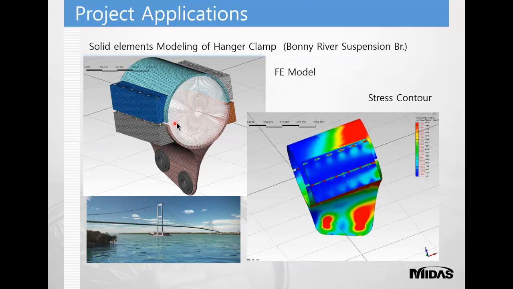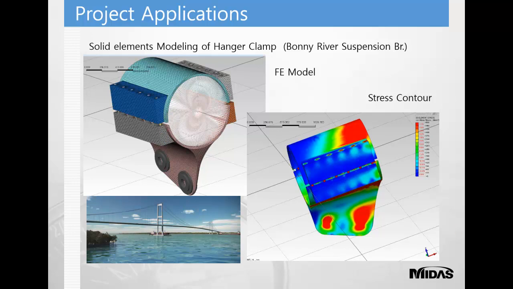Next example is a hanger clamp. When we go for frame modeling, we connect the hanger to the cable just through a node. But at this node we have hanger clamps also. At this hanger clamp, the stress concentration is very high, and if we do not consider the stresses here, we are just assuming that the clamps are sufficient to resist the load, but that might not be the case.